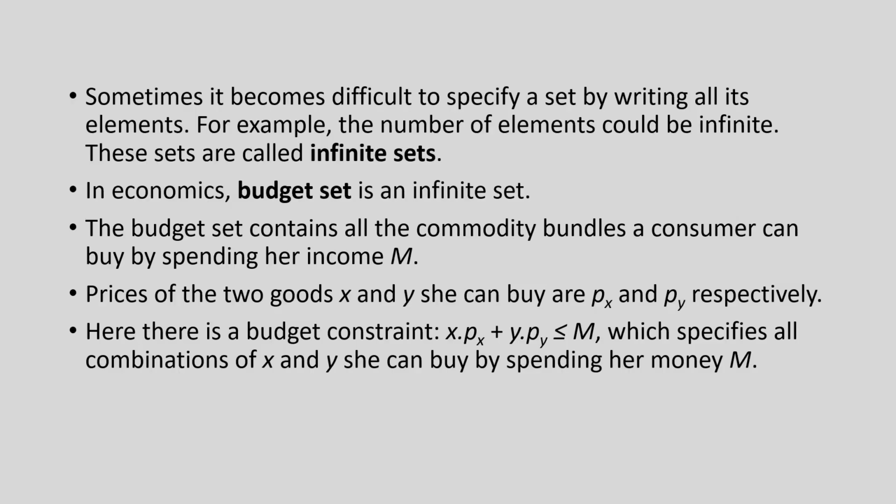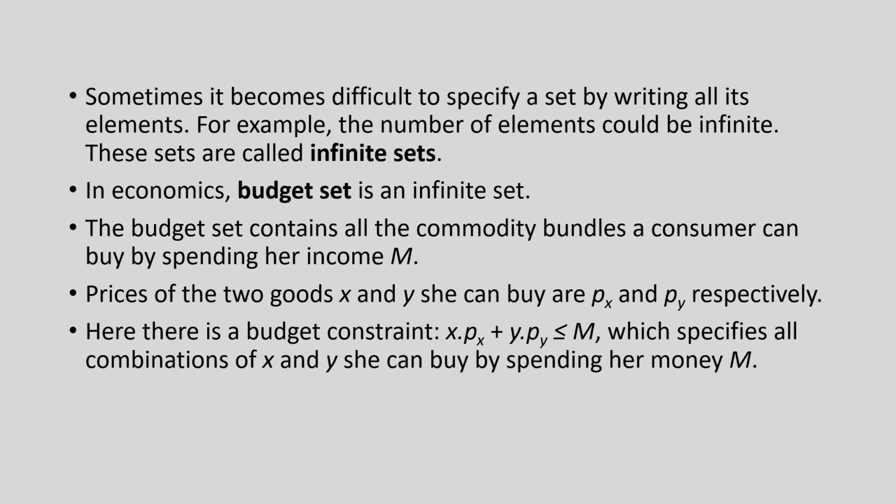So, here obviously there are infinite number of elements, and in this case it is not possible to write all the elements. So, we just write this in terms of the property that a typical element will satisfy. These sets are called infinite sets.